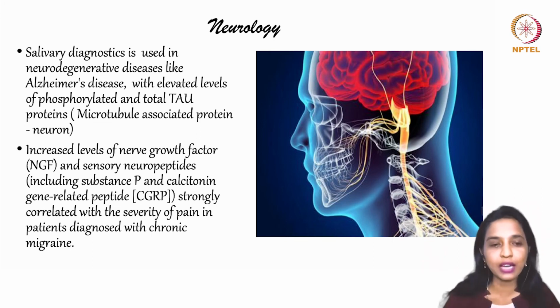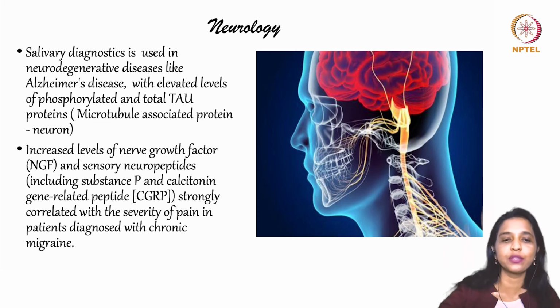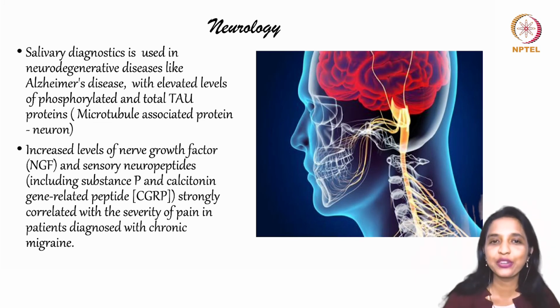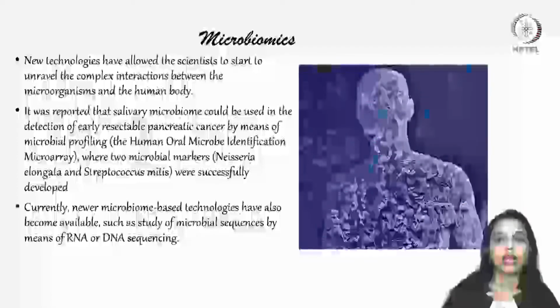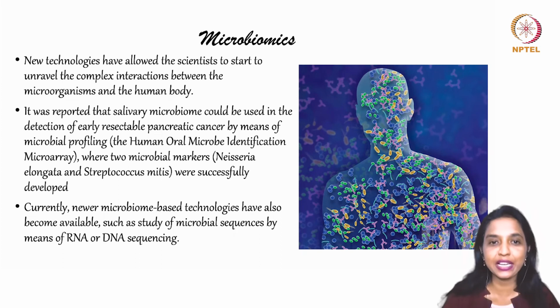We also have other interesting suggestive markers like nerve growth factor and sensory neuropeptides, which strongly correlate with the severity of pain in patients diagnosed with chronic migraine. We know that the brain is important. And as already mentioned in caries risk assessment and periodontal risk assessment, with the microbiome, interestingly, we have a microbial population which can be detected in the early stage of pancreatic disease.